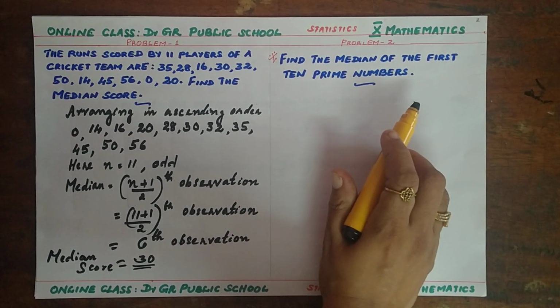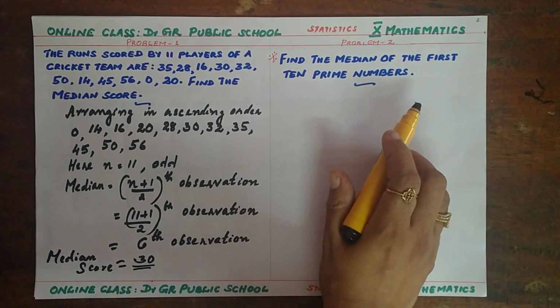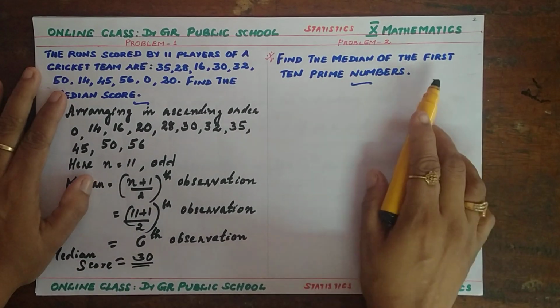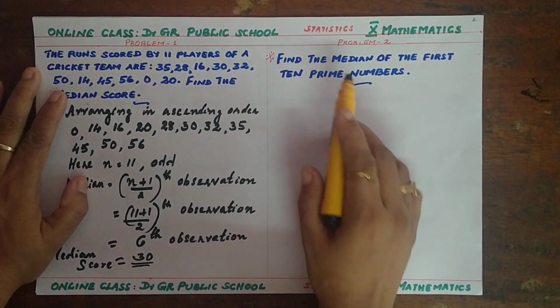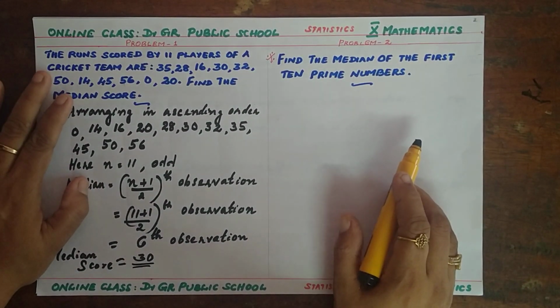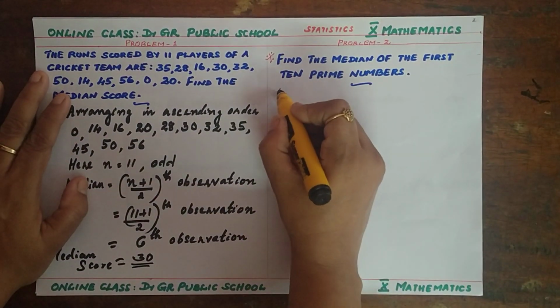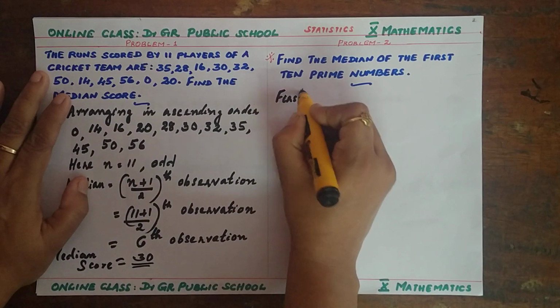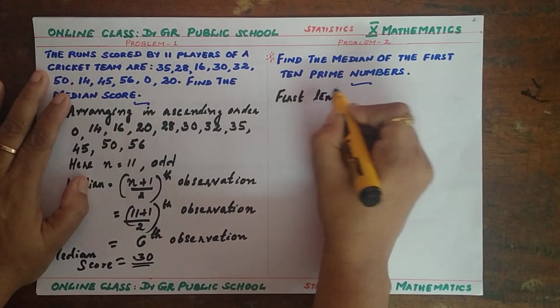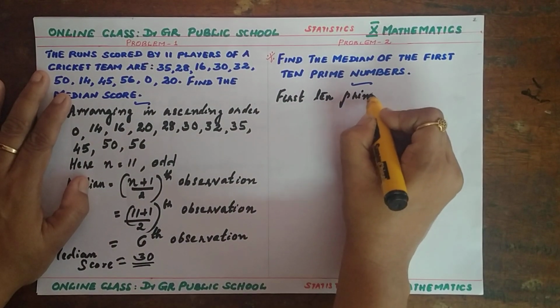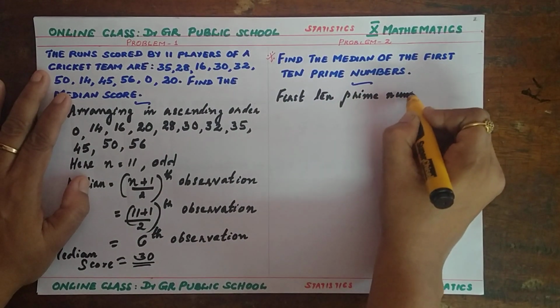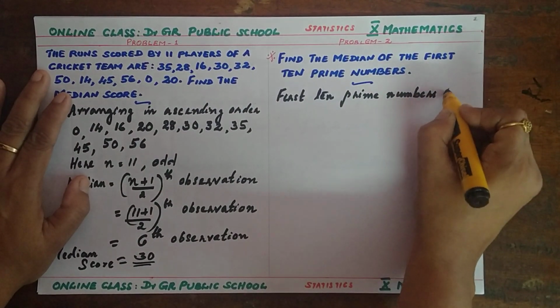Find the median of the first 10 prime numbers. Here also you are asked to find the median. So we can write the first 10 prime numbers in ascending order at first. Which are the first 10 prime numbers?